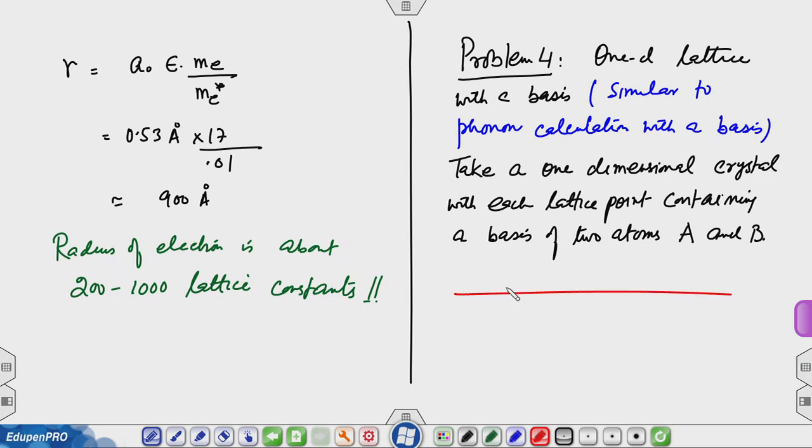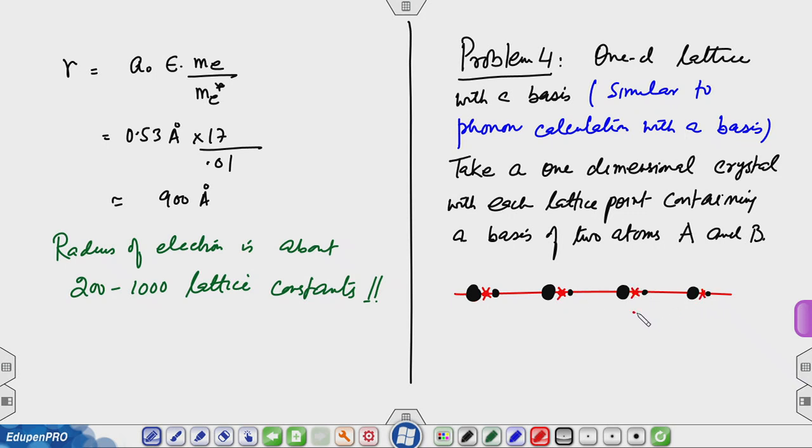Here is the lattice, and each of this lattice point contains an atom A and an atom B. An atom A and an atom B. And let me show these lattice points by crosses.